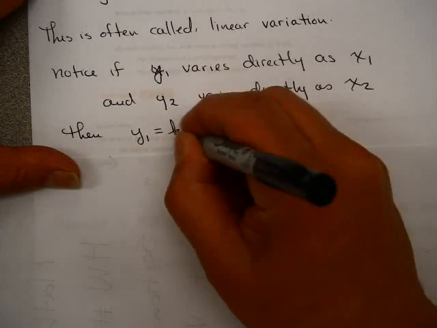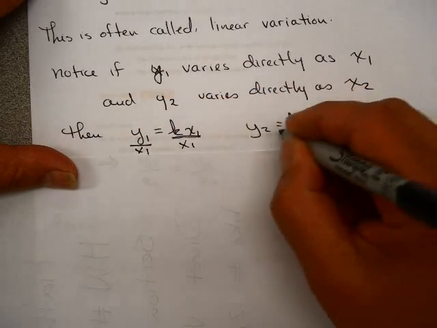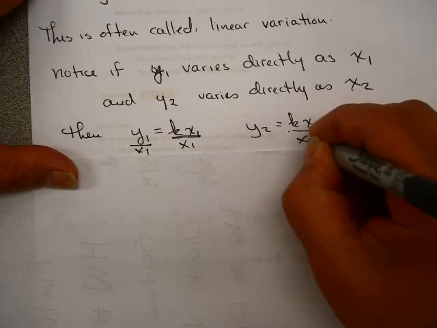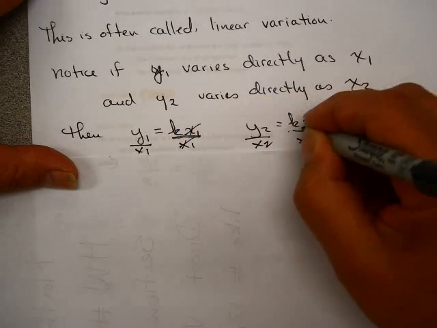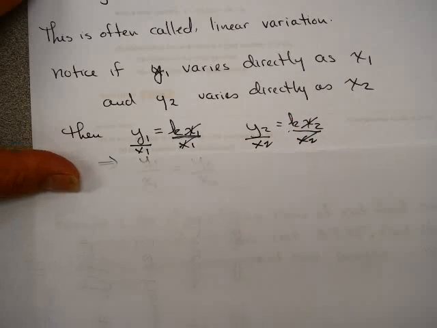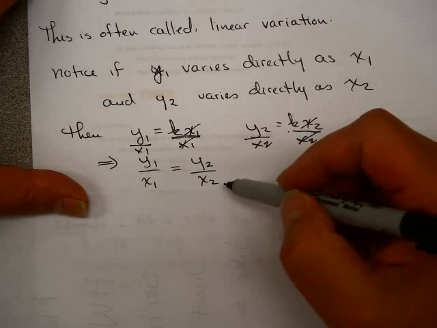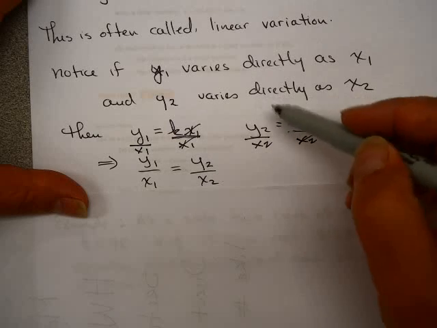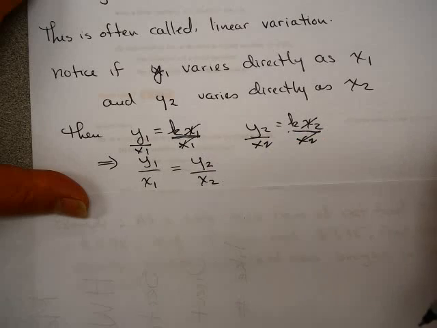Let me just do that here. And since both of these equal k, you can equate them together. So one quick way to see if 2 points are involved in a direct variation is to try to do these little ratios and see if they're the same.